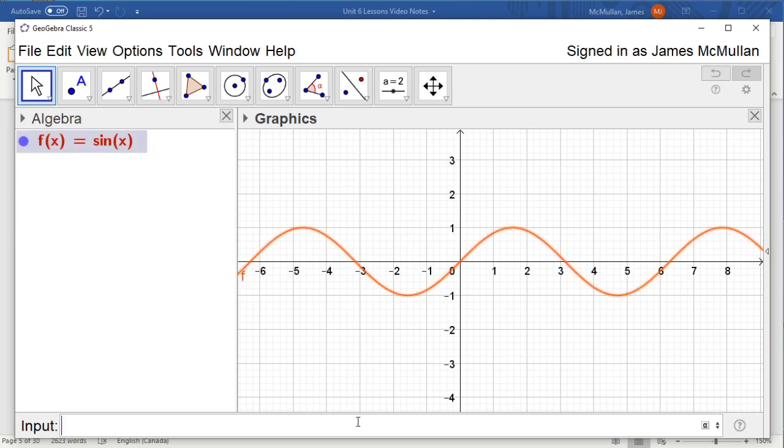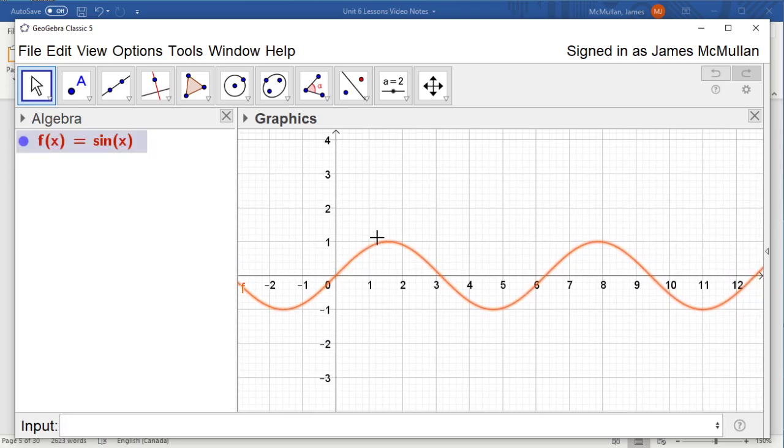It's a gentle wave that's very circular. It does not go up and then immediately turn in a jagged way. So when you're drawing a sine graph, just make sure it's nice and rounded, okay?